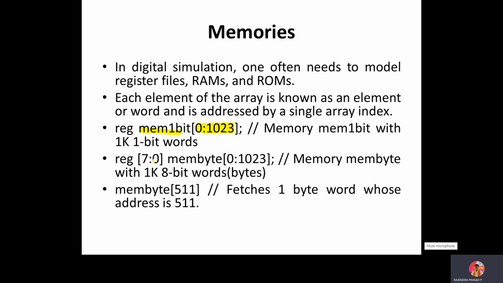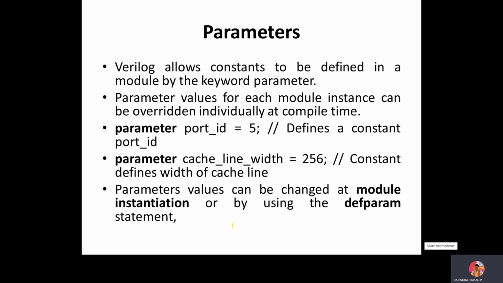Register 7 to 0 indicates a memory of 1 kilobyte you are addressing, along with which each address has a width of 8 bits. So memory membyte has 1K 8-bit words. Memory byte 511 is one word having the address 511. This is how you will be declaring the memories.